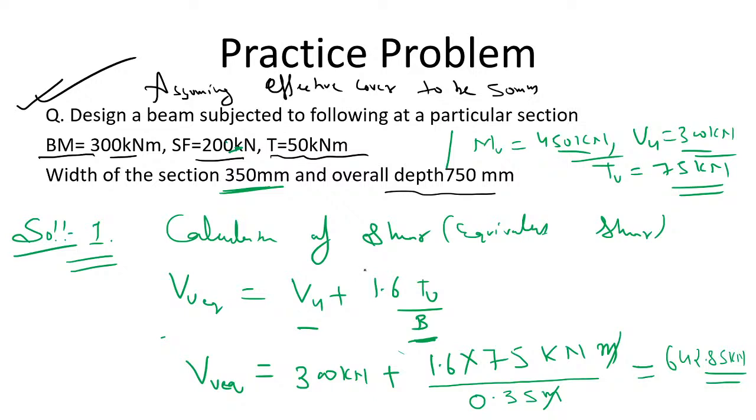Is it clear? And yes, I am going to use here M25 and Fe415. So these are the grades which I am going to use here, and effective cover I am going to use as 50 mm. Is it clear, guys?